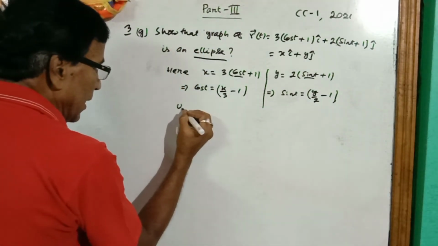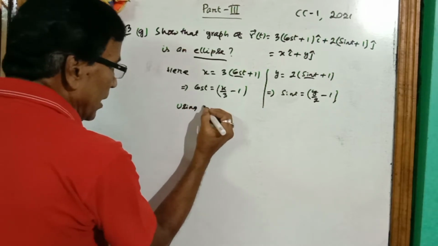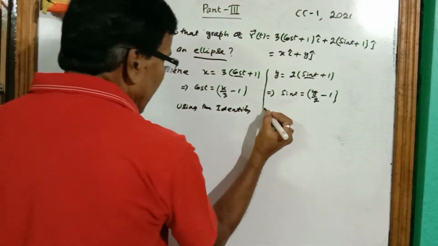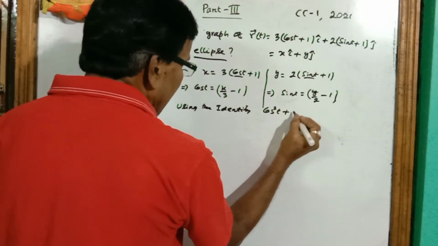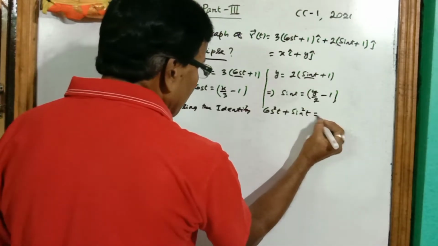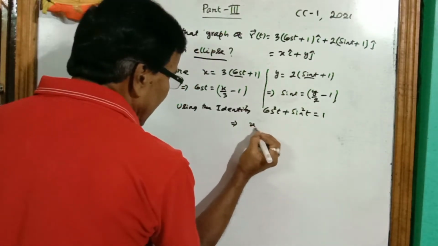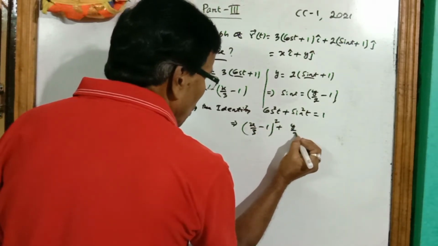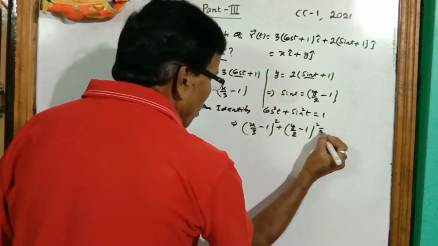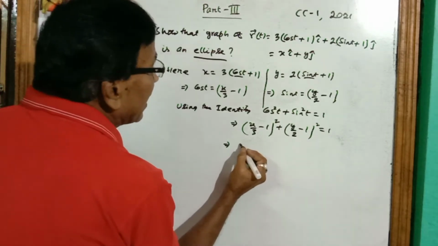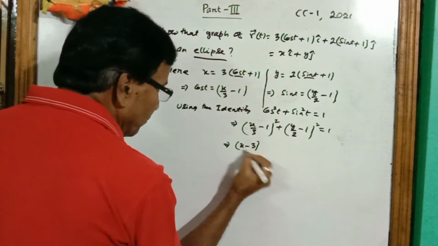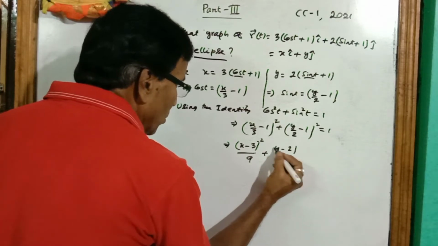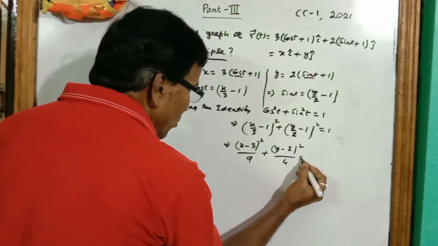So using the trigonometric identity cos² t + sin² t = 1, we get ((x − 1)/3)² + ((y − 1)/2)² = 1, and this can be written as (x − 1)²/9 + (y − 1)²/4 = 1.